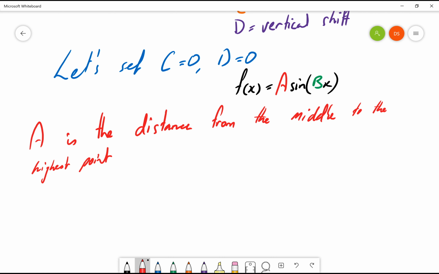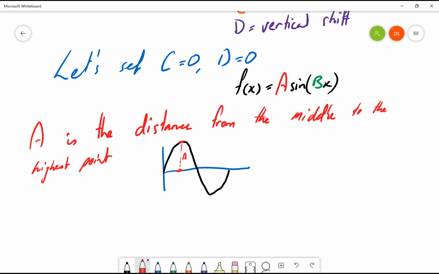All right, so I'm going to draw my screen. And so if I drew a trig graph, A is this distance here.